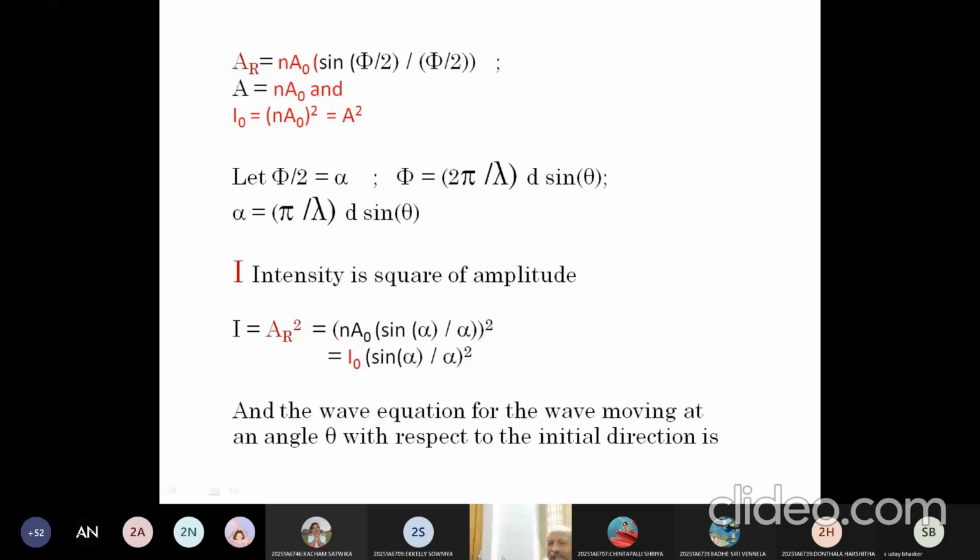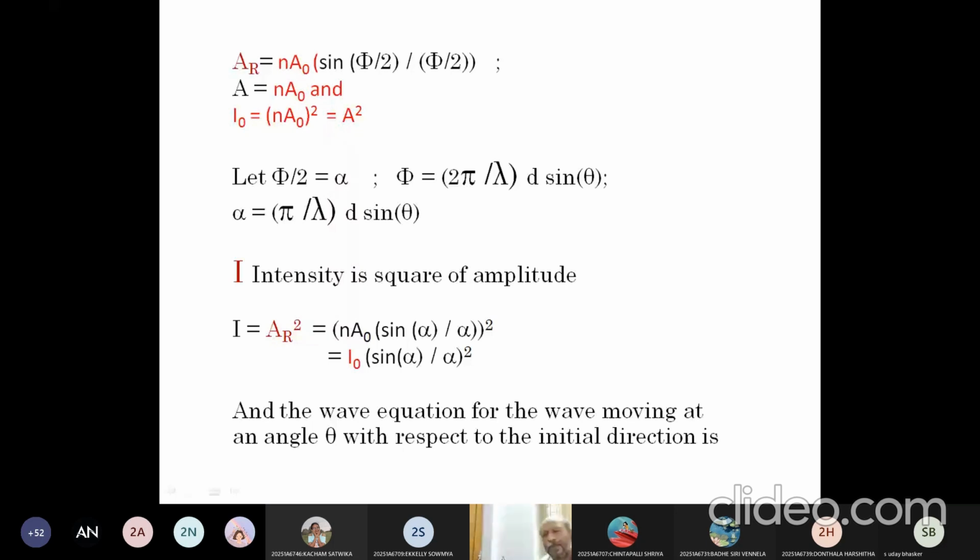After that, as theta increases, alpha increases. When alpha increases, sin alpha may increase, but what is the maximum value of sin alpha? 1. But as theta increases, alpha also increases, so alpha is there in the denominator also, because of which the value of I decreases.